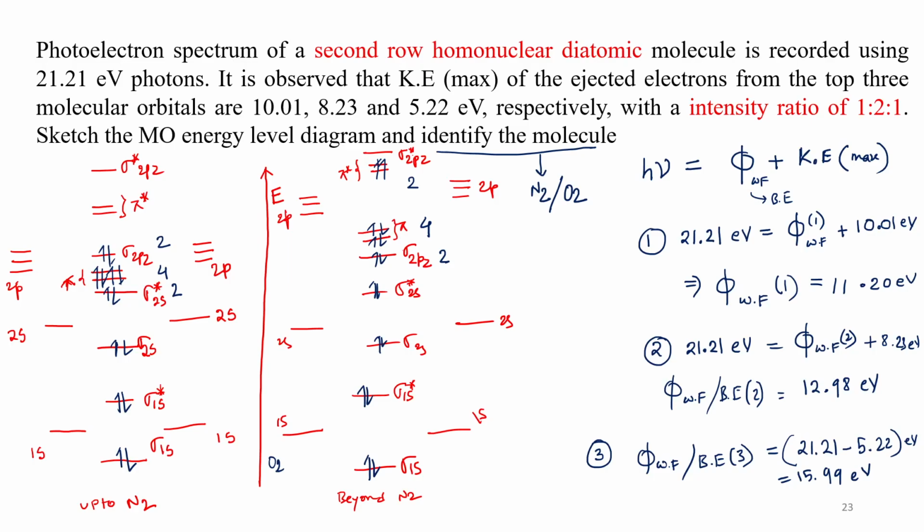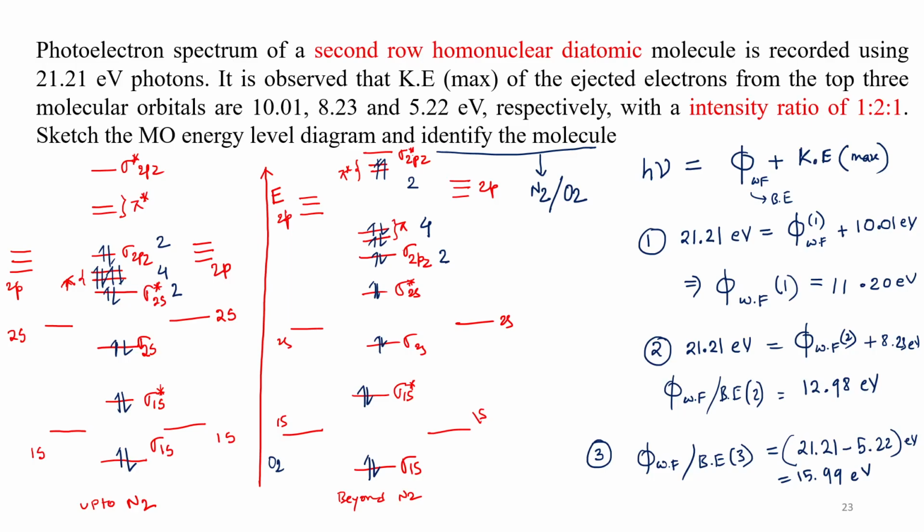It will be 2:2:2 in the case of boron, because the top HOMO would be pi bonding orbital, so that there will be 2 unpaired electrons. So it would be 2:2:2, that is 1:1:1.